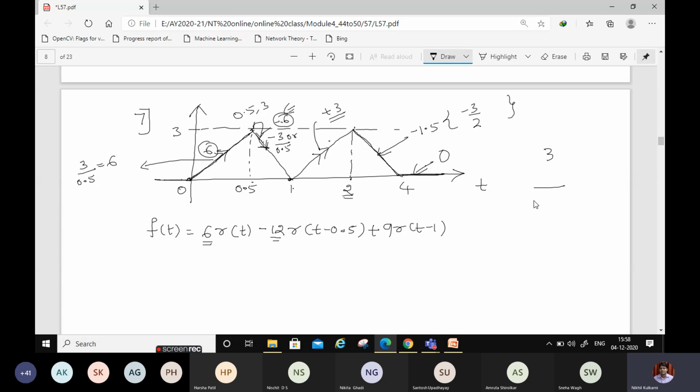You want minus 1.5, so how much do you have to add here to get minus 1.5? Minus 4.5. Correct? No? Yes, sir. At which point? R of, oh sorry, R of t minus 2.